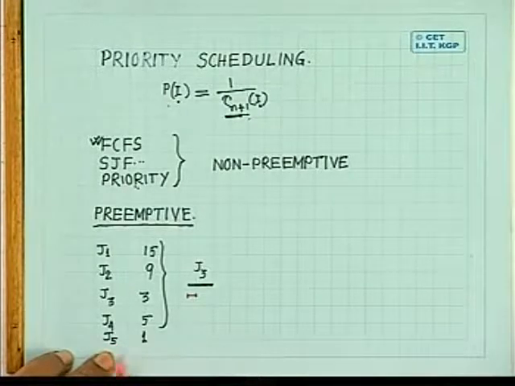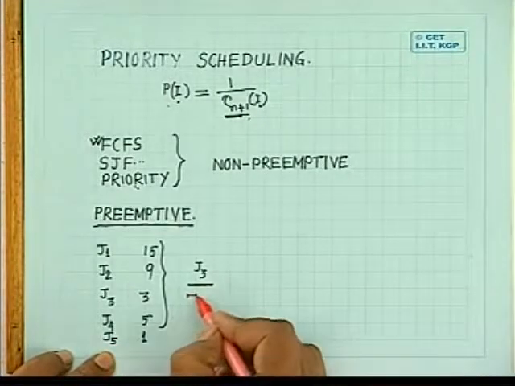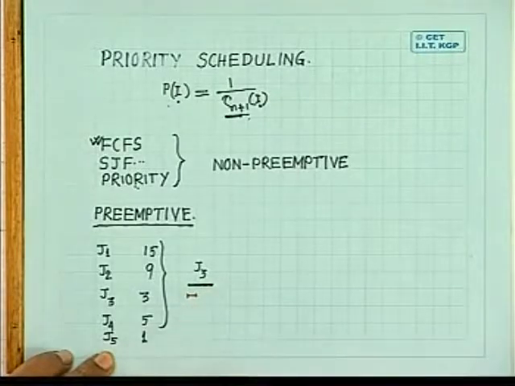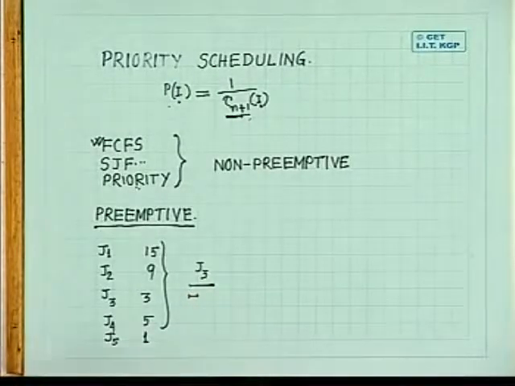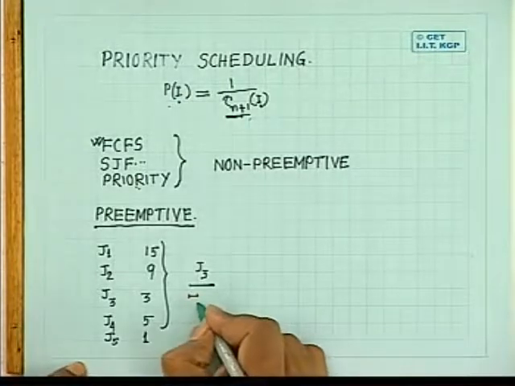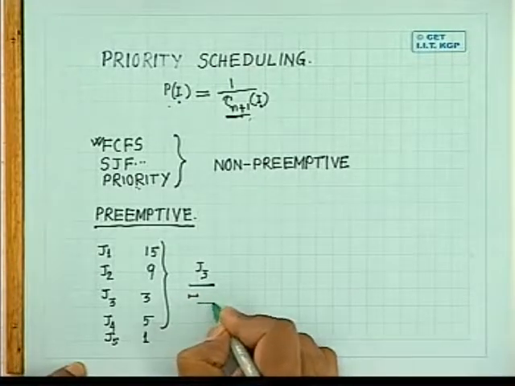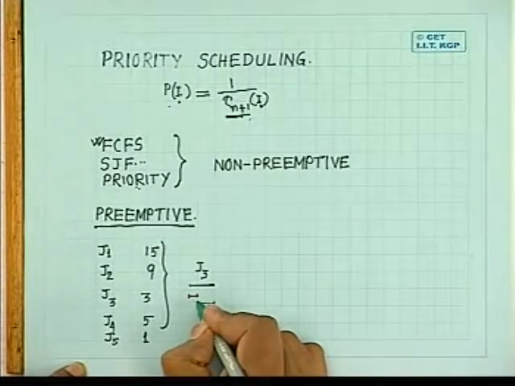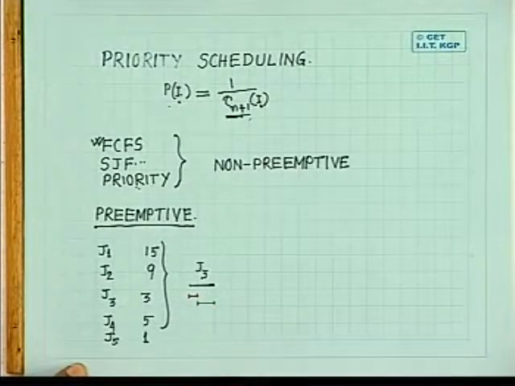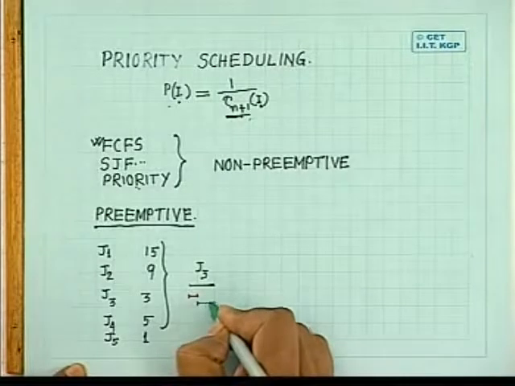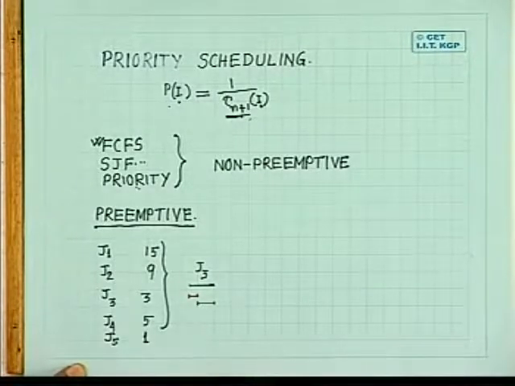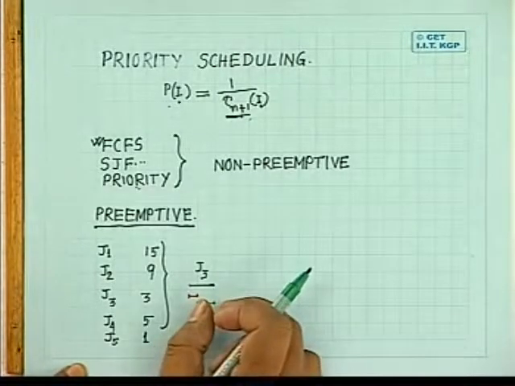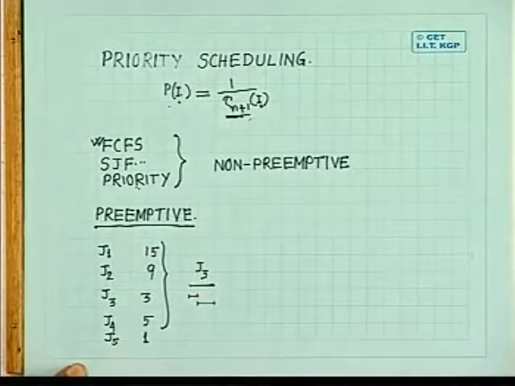So, what I have to do is preempt this job J3 here and start execution of job J5, and job J5 will be executed for 1 time unit, because its requirement is 1 time unit. And the remaining time of job J3 is 2 time units.